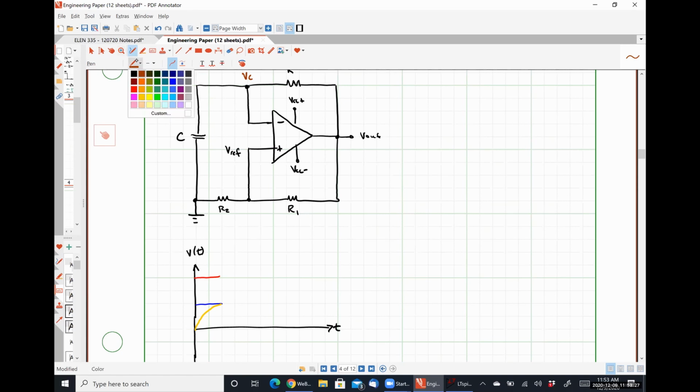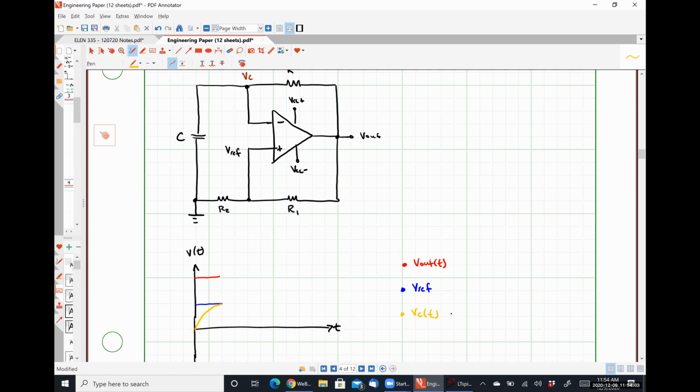So let me draw a little legend here, I guess, since it'll make things easier. The red curve is V out, the blue curve is V ref, and the gold curve is VC. So as soon as the capacitor voltage hits V ref, the system switches stability points, okay?